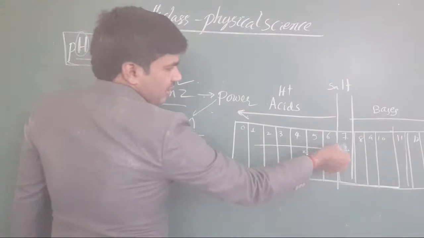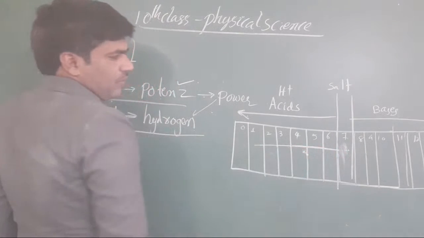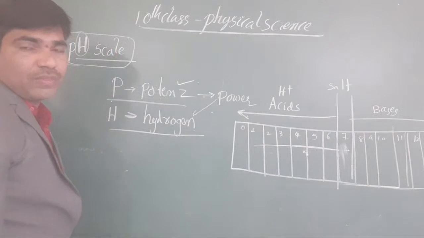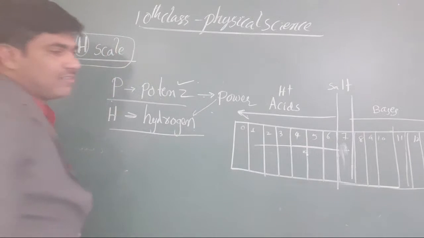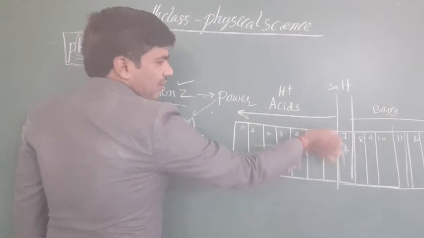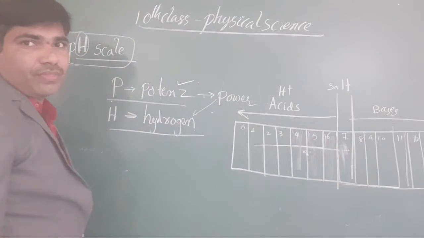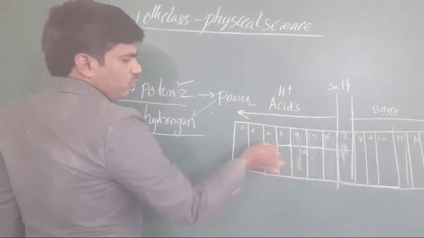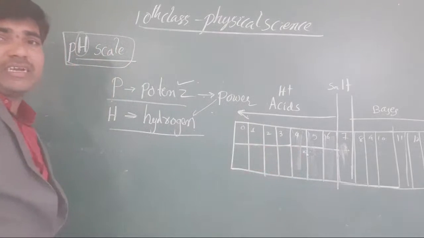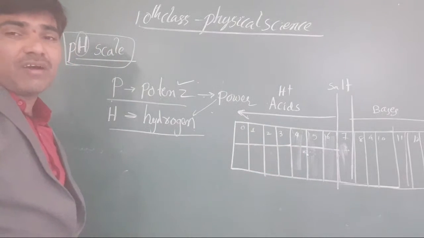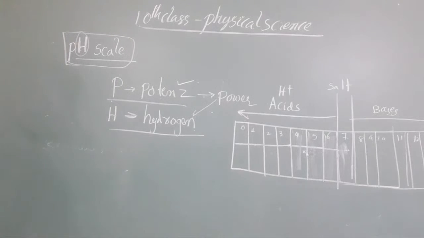Yes, you come from here. 6, 5, 4. These indicate the weak acid nature. These indicate what? Weak acid nature. And like that 3, 2, 1, 0 up to here indicate the strong acid nature. Got it or not?